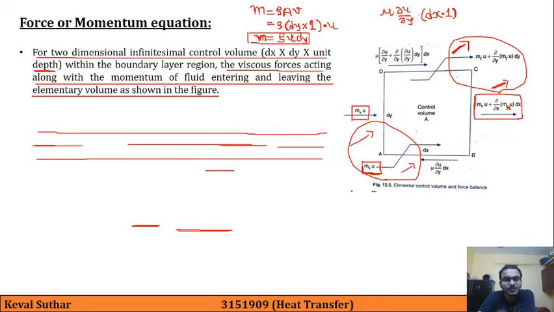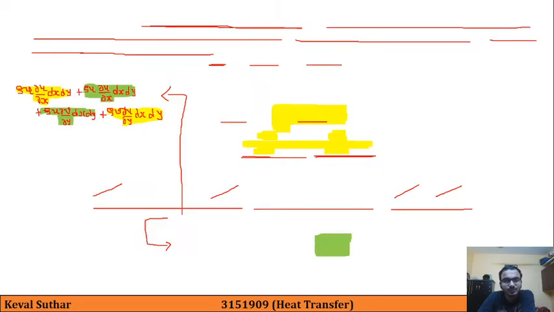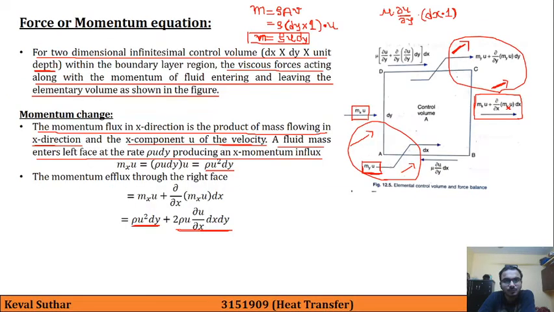In our previous lecture, we began with the force or momentum equation, in which we took an elemental control volume ABCD.